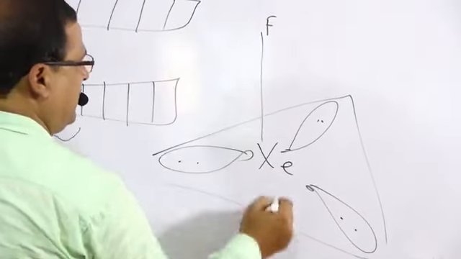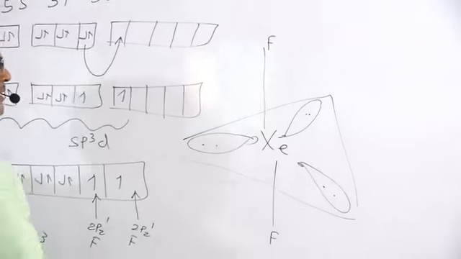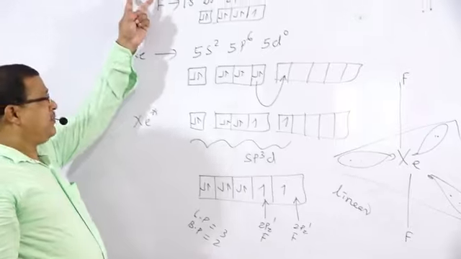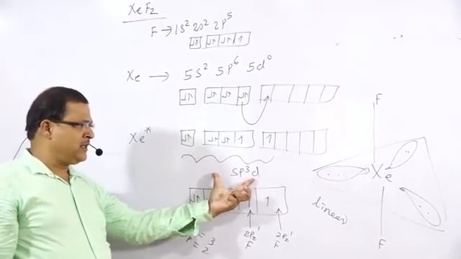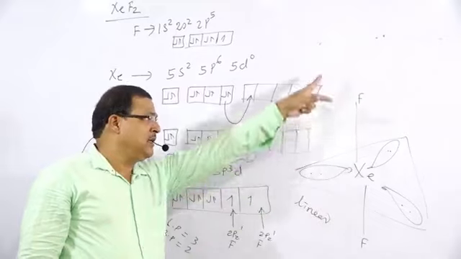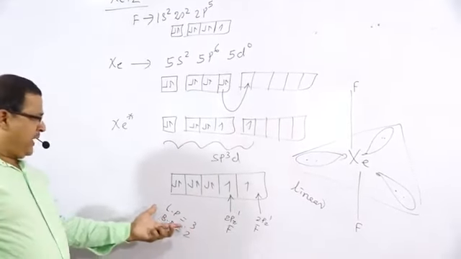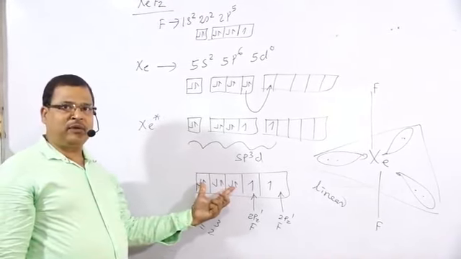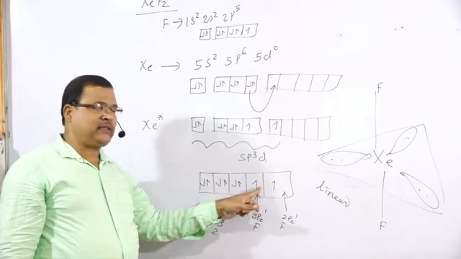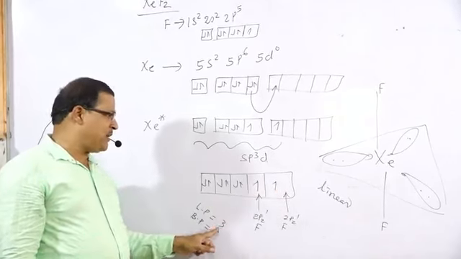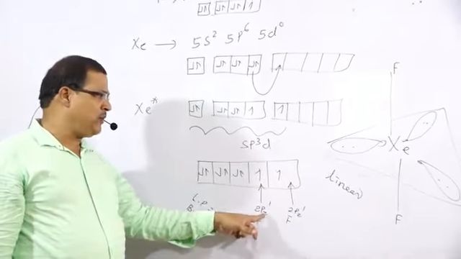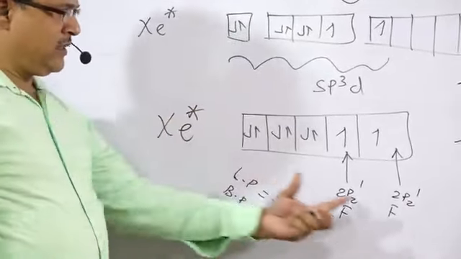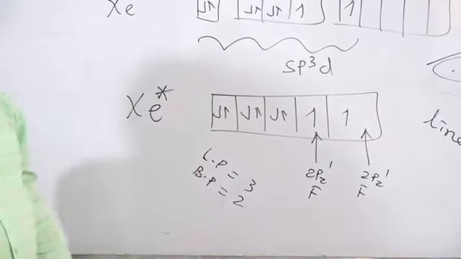So that is a linear structure. Xenon difluoride is sp3d hybridized and linear, with 3 lone pairs of electrons not taking part in bond formation. The 2 unpaired electrons in the hybrid orbitals are responsible for bond formation with fluorine to form xenon difluoride.